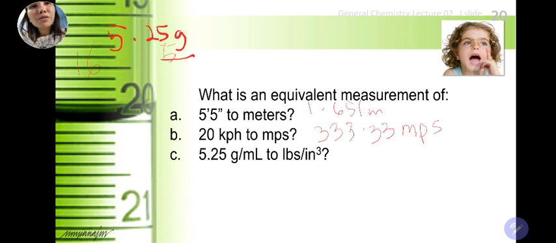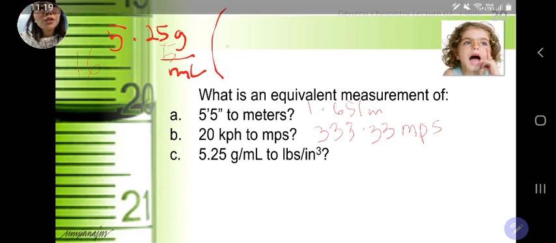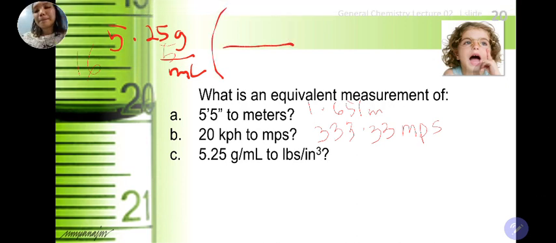5.25 grams per ml. Convert natin siya to pounds per inch. So, ilang grams or ilang pounds meron sa isang conversion factor natin from grams to pounds.